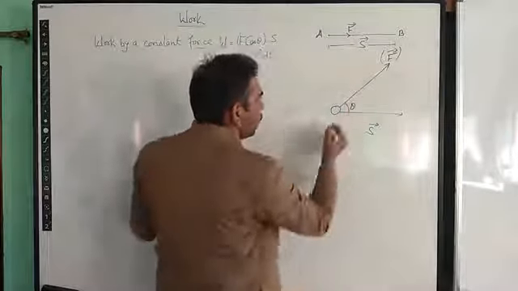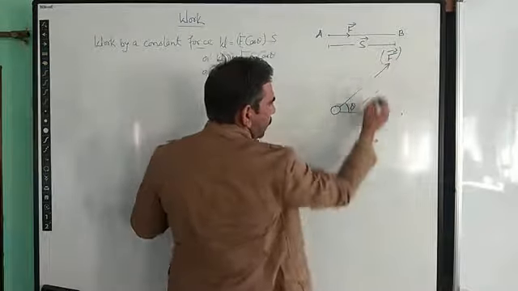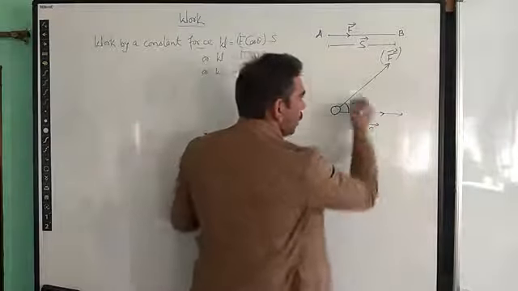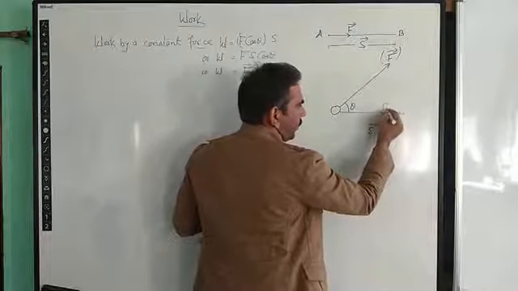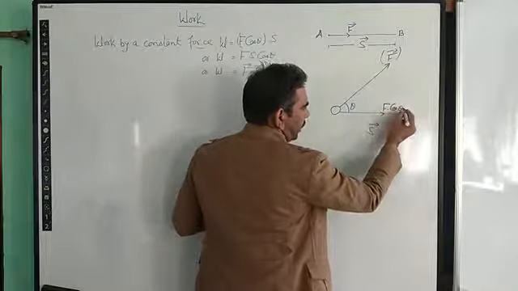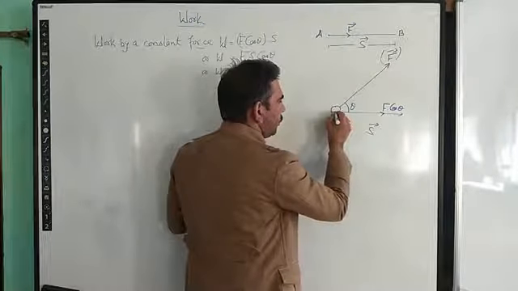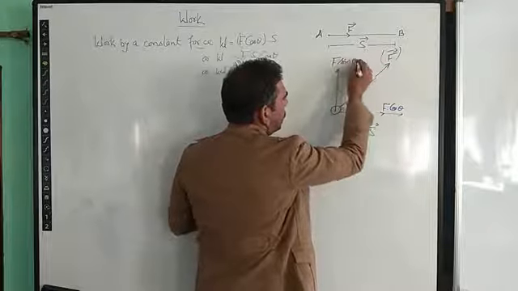So from there we take the part of this force, or we can say the component of this force, along the displacement. The component of this force along the displacement is given by F cos theta, and the other component, mutually perpendicular to this one, will be F sin theta.